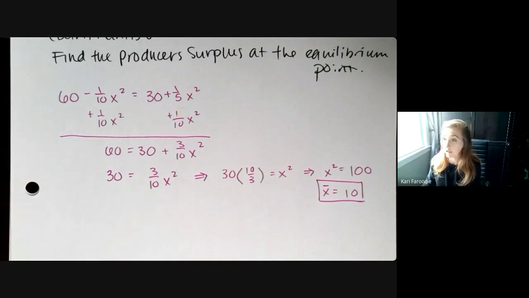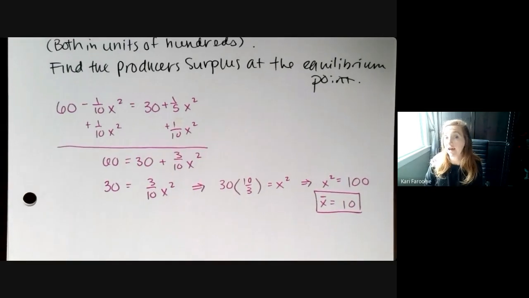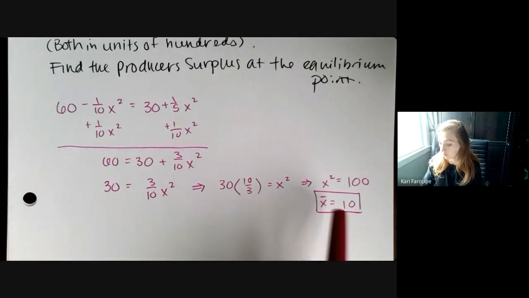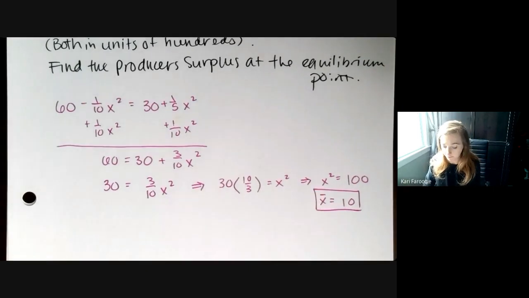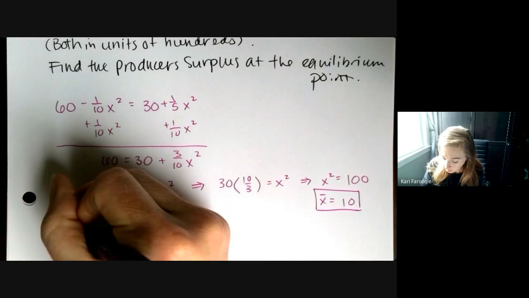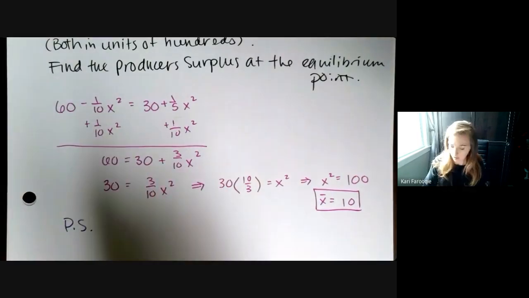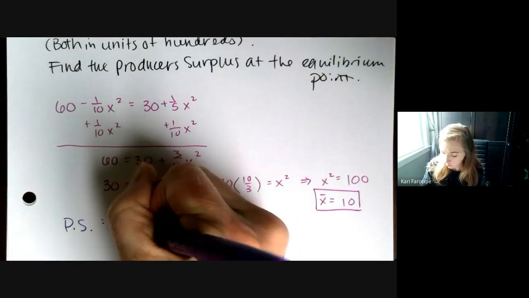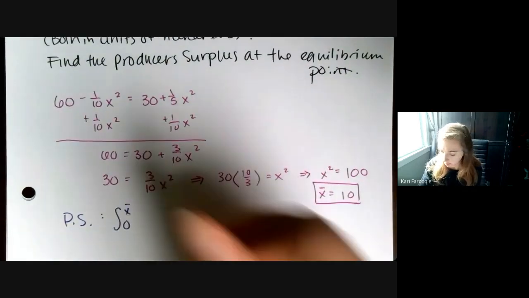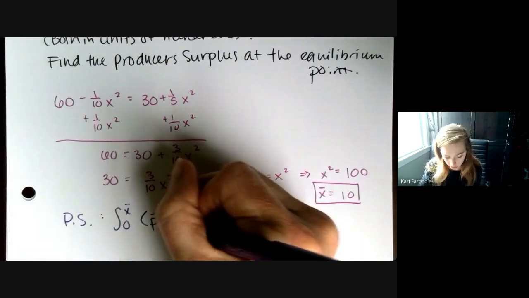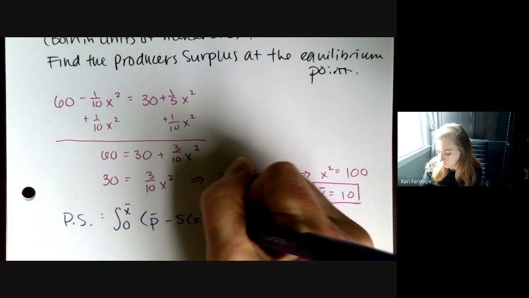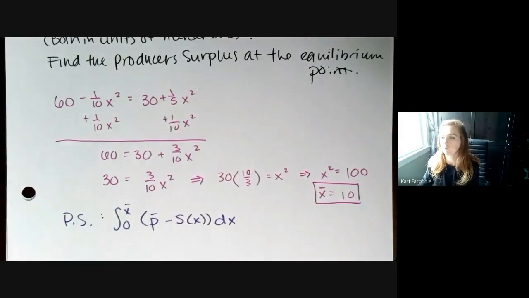So remember, I asked you to find the producer surplus at the equilibrium point. The equilibrium occurs for x bar equals 10. So let's go ahead and set up our integral. Let me remind you what the producer surplus is. It is the integral from 0 to x bar of p bar minus s of x dx.